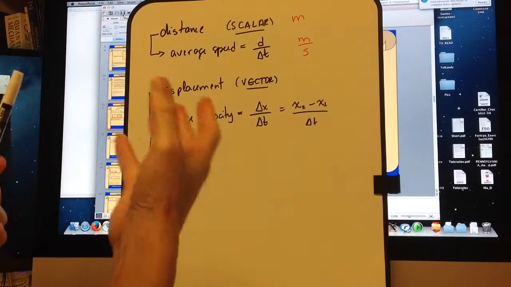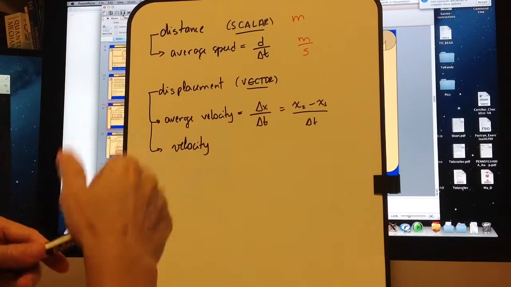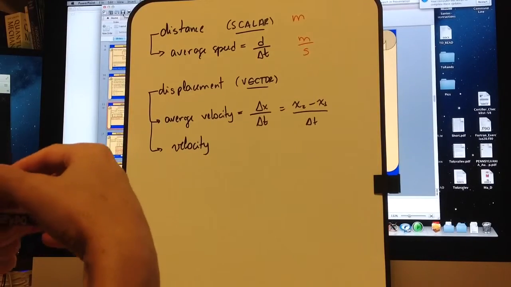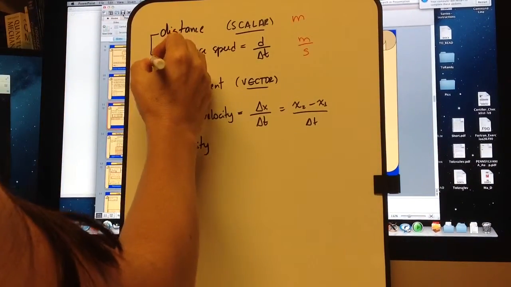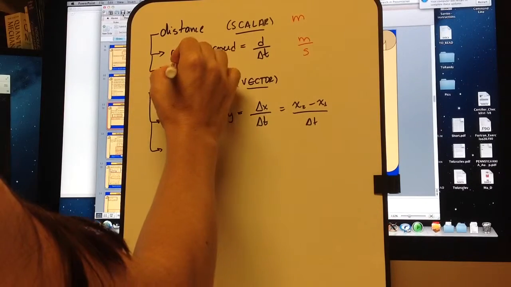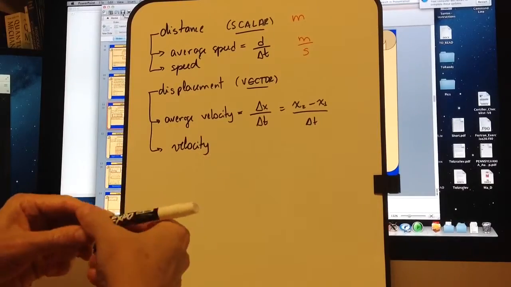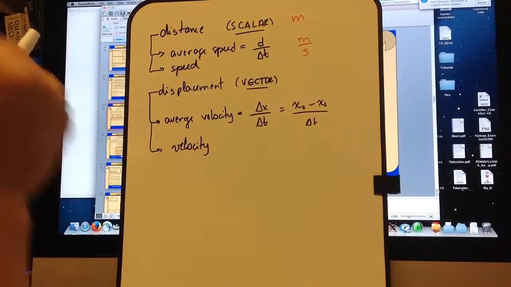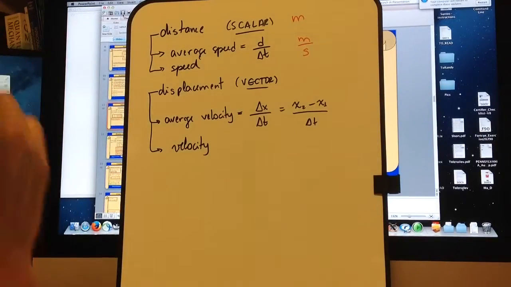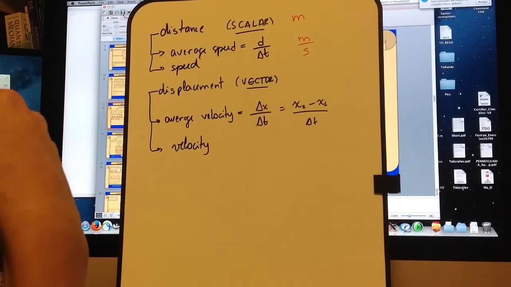And what is the instantaneous velocity? This ratio, but when the time interval is very, very small, infinitesimally small. And here we also have the instantaneous speed, which we can just talk about as speed. So the speed is what we read in the speedometer of the car, the instantaneous magnitude of the velocity.